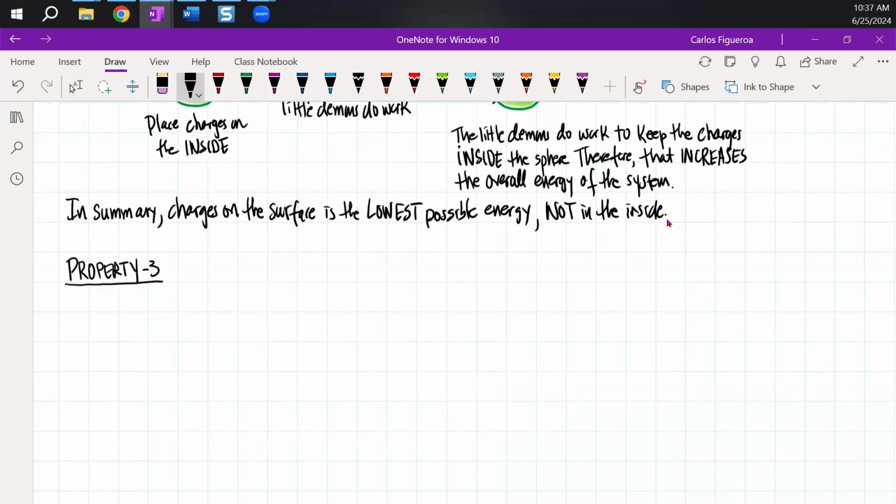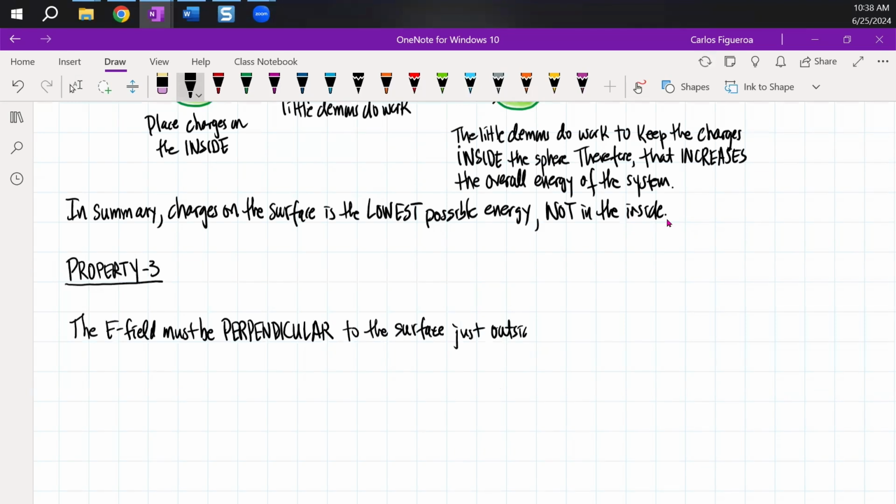Here's what I'm going to say: the electric field must be perpendicular to the surface just outside of a conductor.